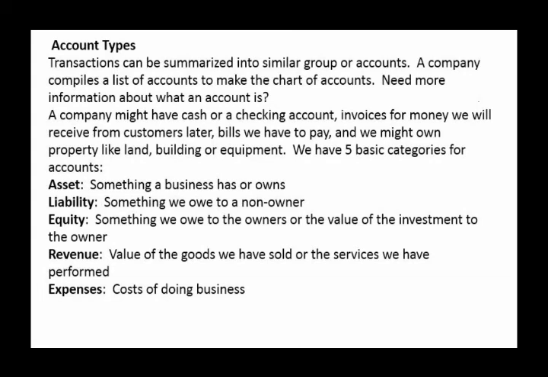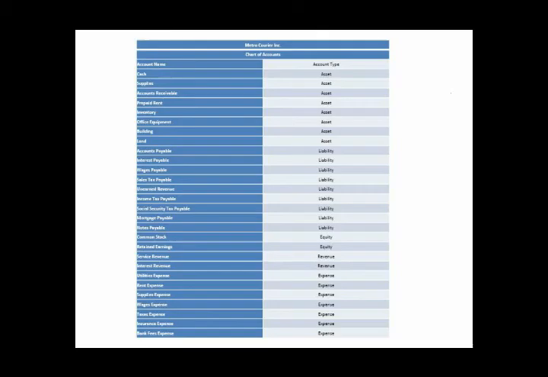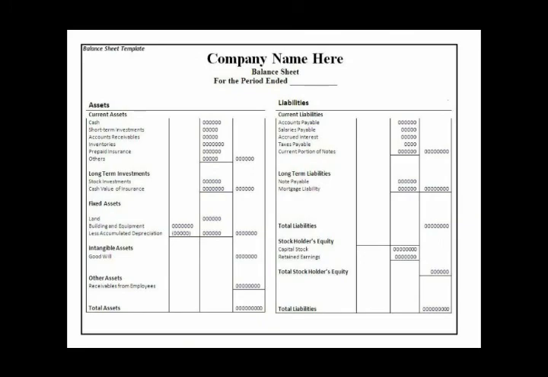Now, please see slide number 8. I have given you a list of accounts and I have identified which of them are assets, liabilities, capital or expenses. You can see it in detail. After that, in slide number 9, you can see a format of the statement of financial position, and the other name of this statement is balance sheet.